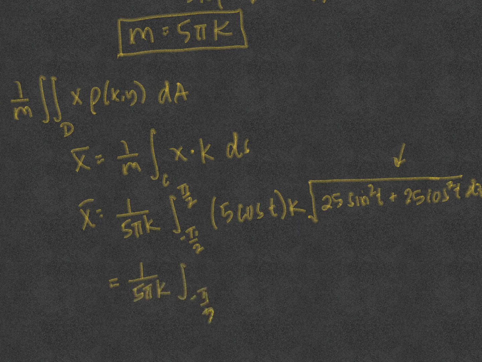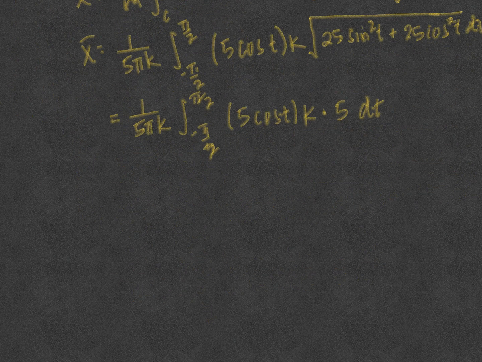So we have negative pi over 2 to positive pi over 2, and x is 5 cosine t times k, times the square root of 25 after we factor out the 25. We know this equals 5 from above, so I'm just going to put a 5 here.